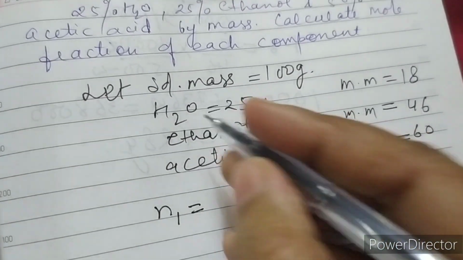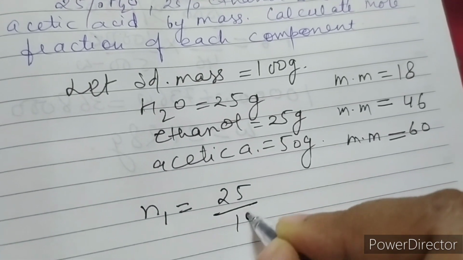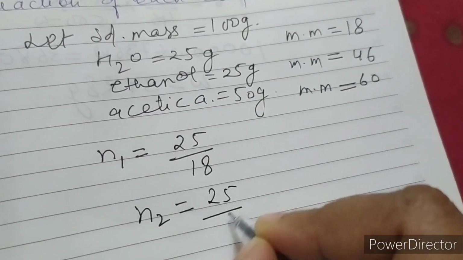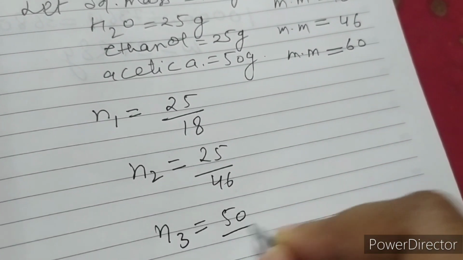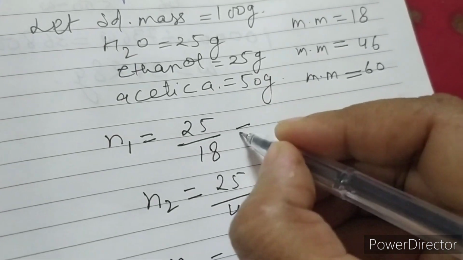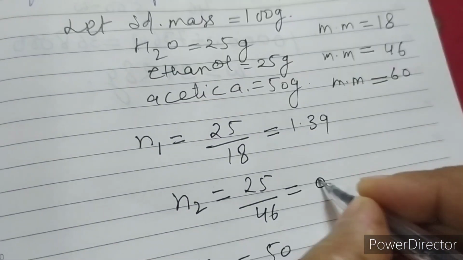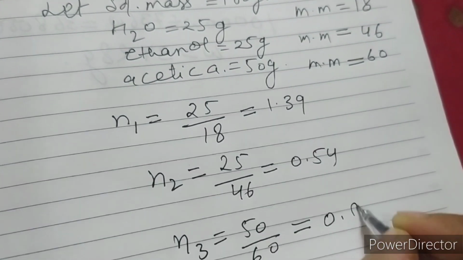So N1 is the number of moles of water, that is given weight 25 divided by 18. N2, that is of ethanol, is 25 divided by 46, and N3, that is of acetic acid, is 50 divided by 60. That is equal to 1.39 here, this is equal to 0.54 and this is equal to 0.83.